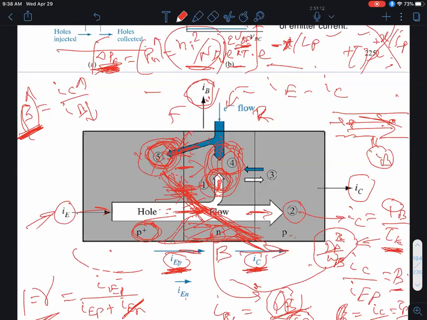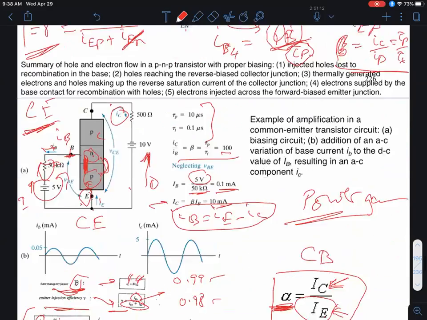Anybody? Are you asking for the number, like 4? Yes, that's what I was asking for. Yeah, that's component 4, okay? Because IEP minus IC is this component 1, which recombines with component 4. Very good, okay? This does not take care of the back injection component 5.